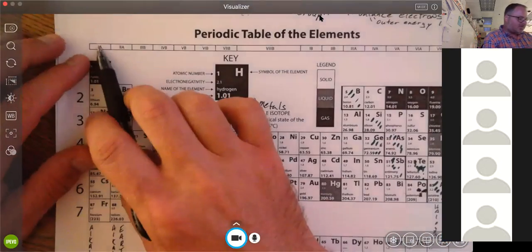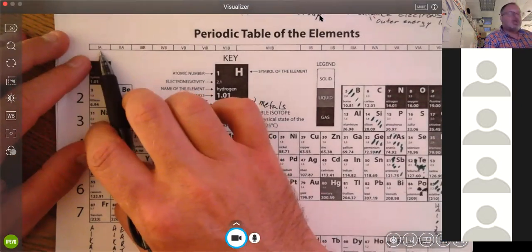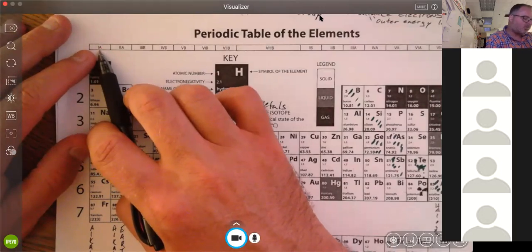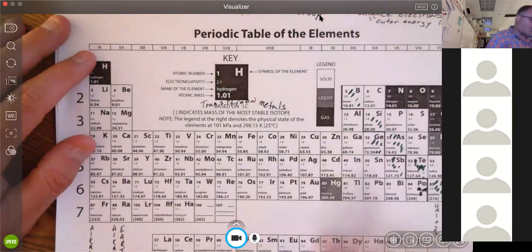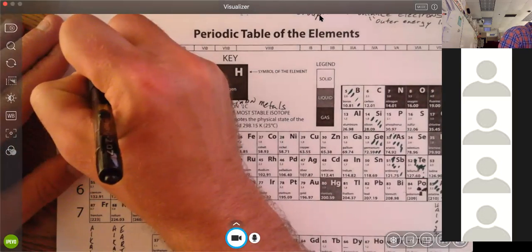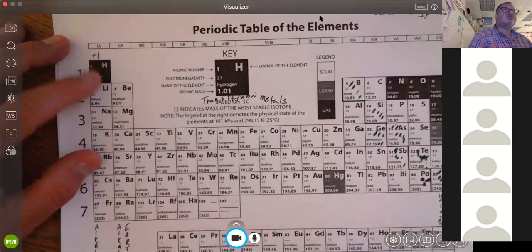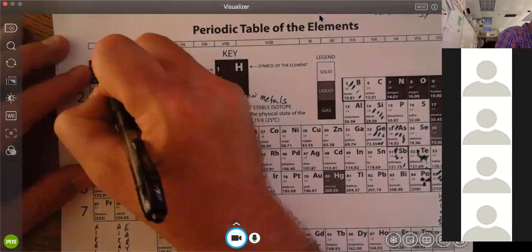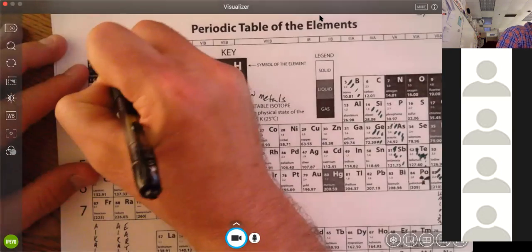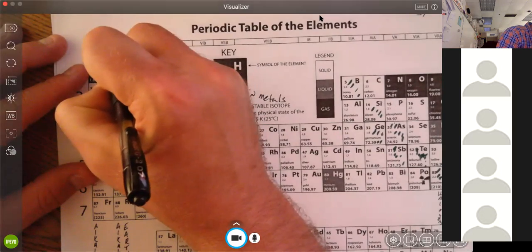So if we take a look, if it's in group 1A, it has 1 valence electron. So when it forms an ion, instead of gaining 7, a lot of times it will lose 1. Hydrogen, being a non-metal, can either lose or gain 1. So we put a little plus minus 1 for hydrogen.